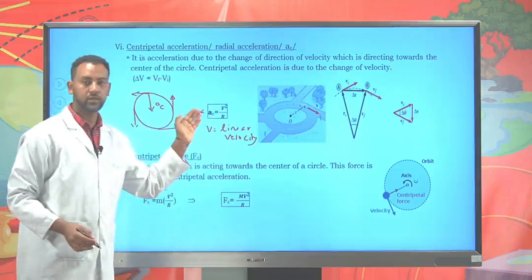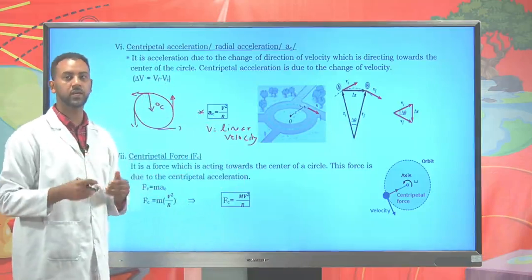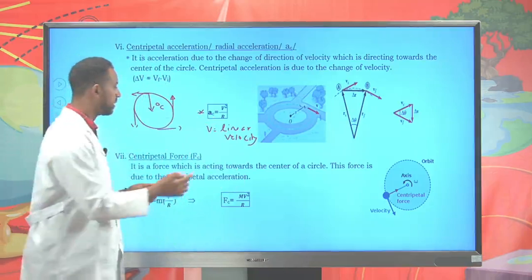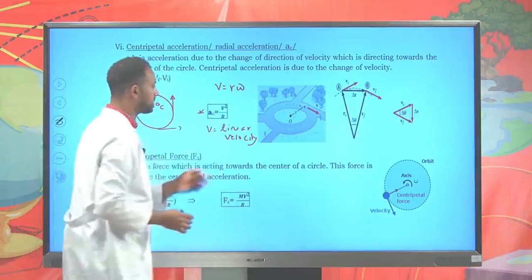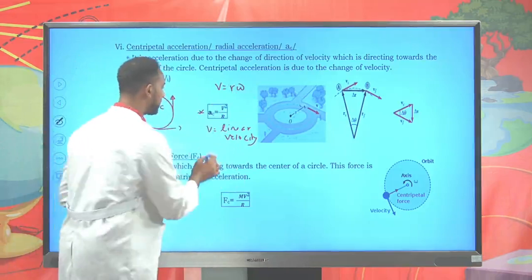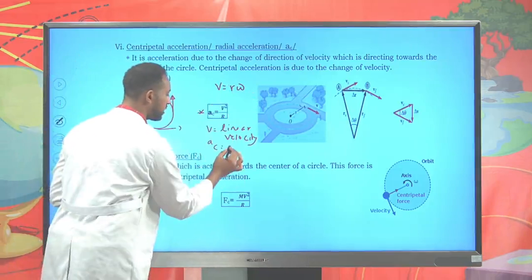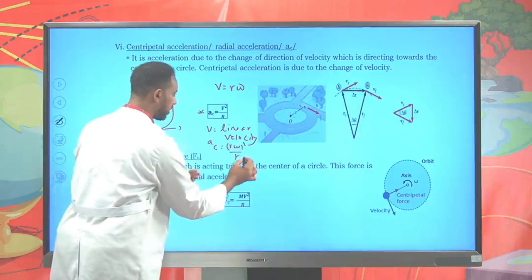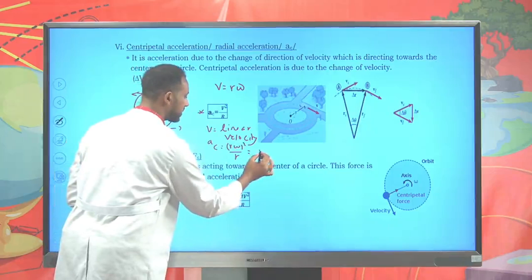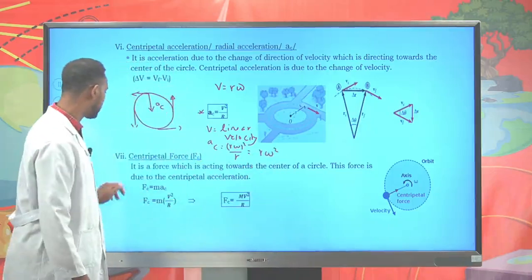It's also possible to correlate with angular velocity, because we have said that the linear velocity can be expressed as r times angular velocity. If you substitute here, the centripetal acceleration a_c is given by (r times omega) the whole squared over r. So we find the expression r times the angular velocity squared.